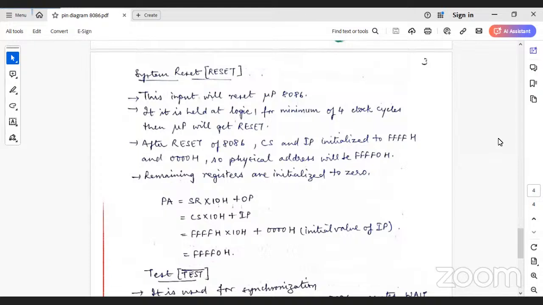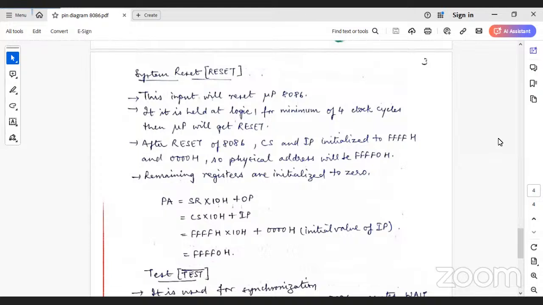After reset of 8086, CS, that is the code segment register, and IP, the instruction pointer, are initialized to something. See here, it is not going to the 000 state. CS, your code segment register, is going to FFFFH, and the IP is going to 0000H. So now what will be the physical address?